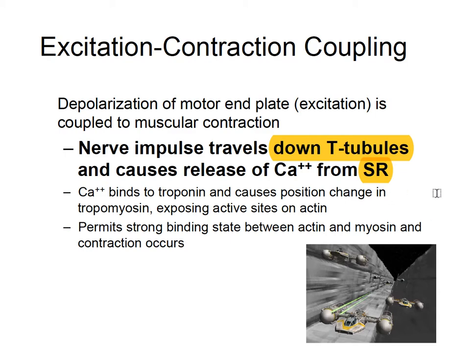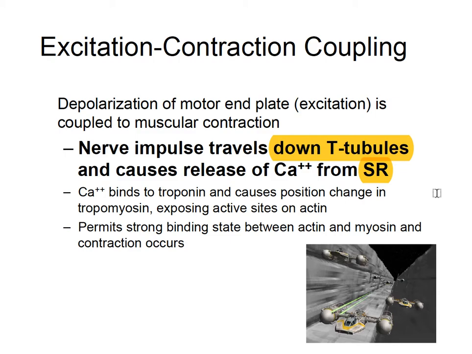This allows calcium to bind to troponin, causes a position change that will lift tropomyosin, exposing the active site on actin for myosin, and this permits strong binding of actin and myosin, and a cross-bridge formation can occur and a contraction can occur.